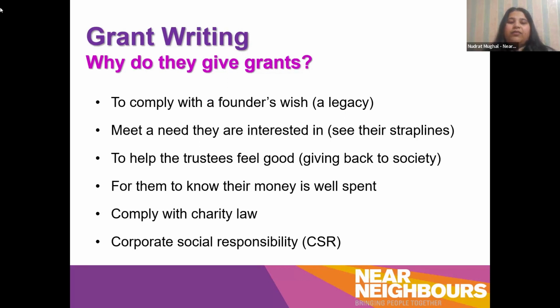Some of the money that comes from that is given out in his wishes. So his money was given as a legacy, and now his wishes are being complied with by giving those grants out, meeting the needs that they're interested in, and we will look at the straplines in the next few slides.